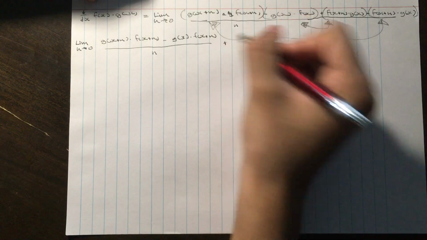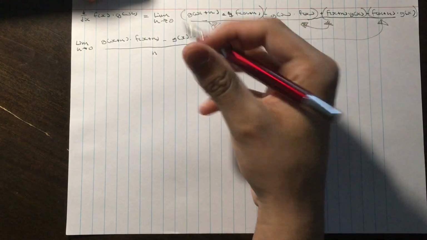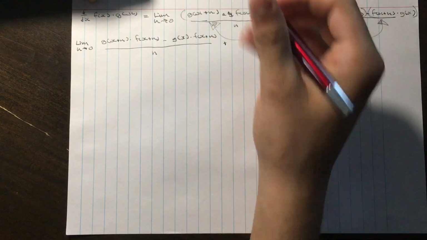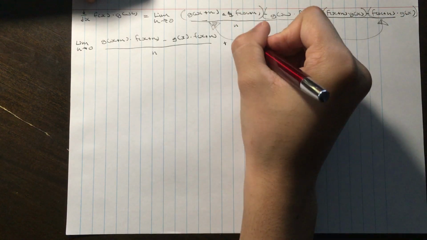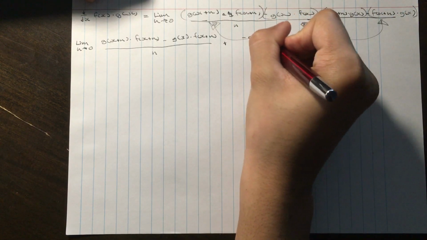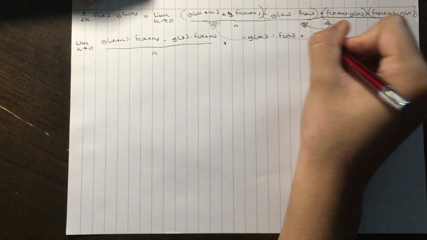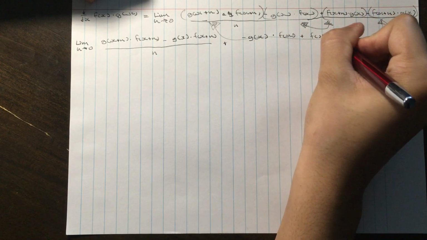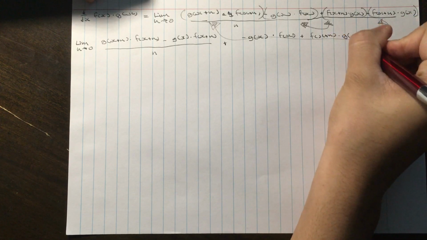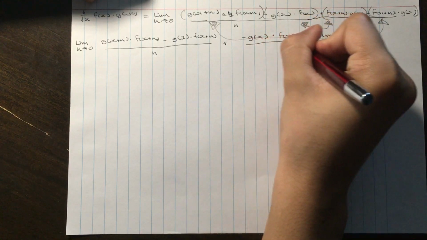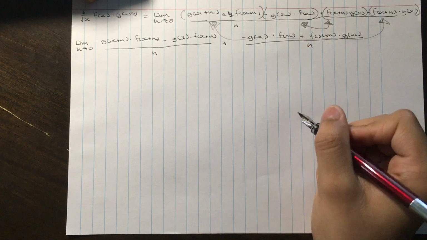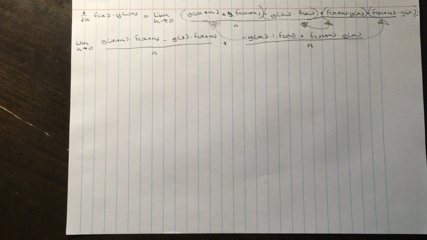We'll change it up as we go. So we add our second group of terms, negative g of x multiplied by f of x plus f of x plus n multiplied by g of x, and that's divided by n, right? Okay, cool. We seem to be getting somewhere.